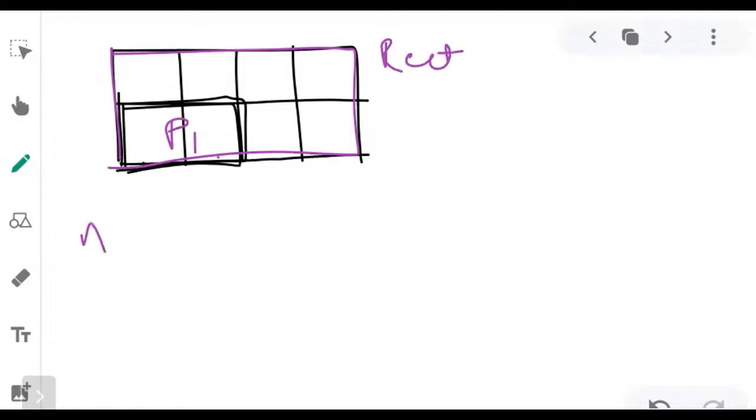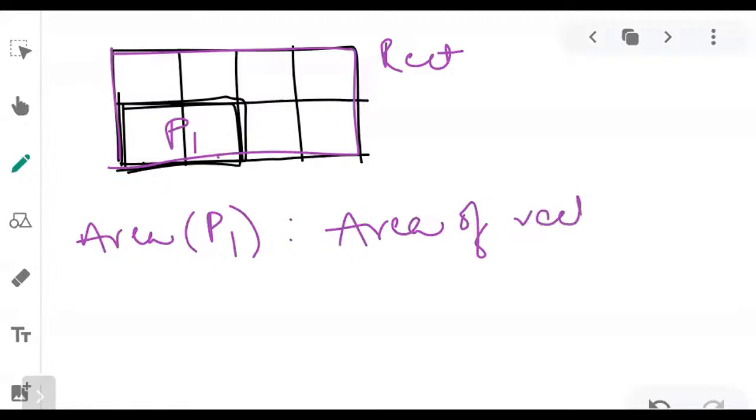What is the ratio of area of P1 is to area of rectangle? Vinay?